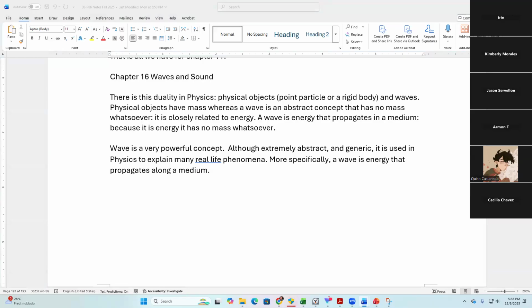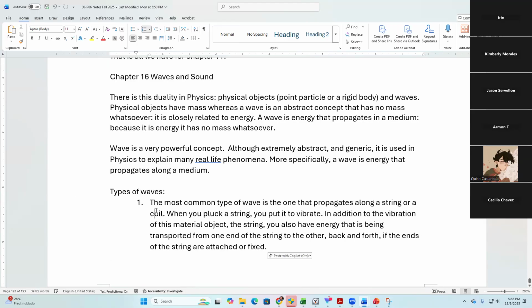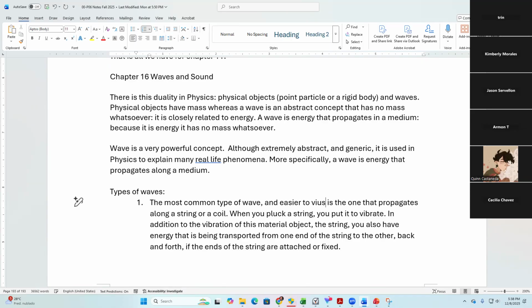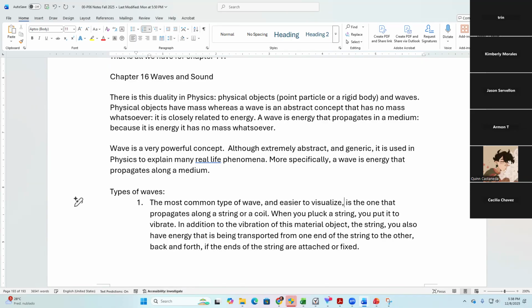The most common one and easier to visualize is a wave that propagates along a string or a coil.